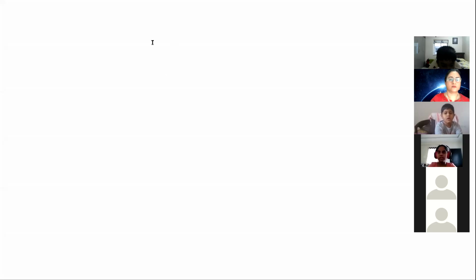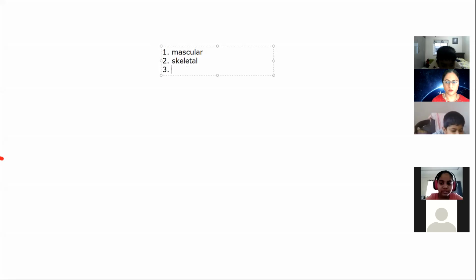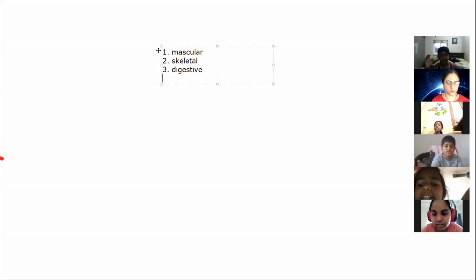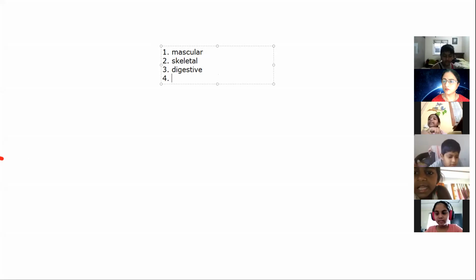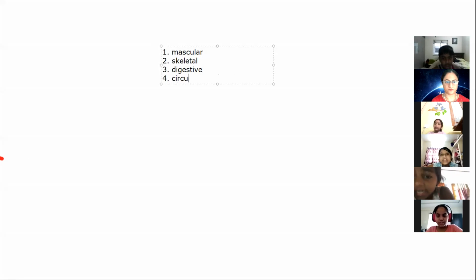So once again, what are the different organ systems? Muscular system. Skeletal system. Digestive system. Reproductive system. Nervous system. Excretory system.